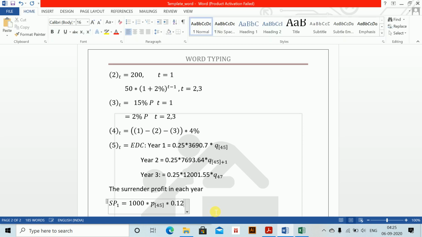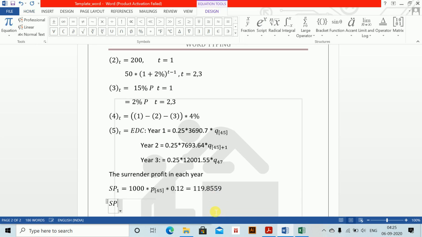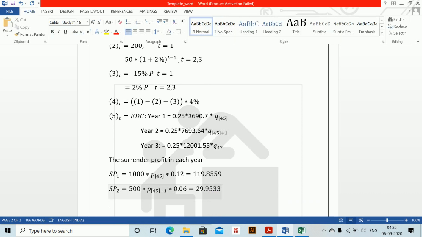Here given surrender profit cutting, so 119.8559, and altogether the surrender is equal to 500 into P_45 plus 1 into 0.06, which is equal to 29.9533. Okay, and similarly there is no surrender in year 3.